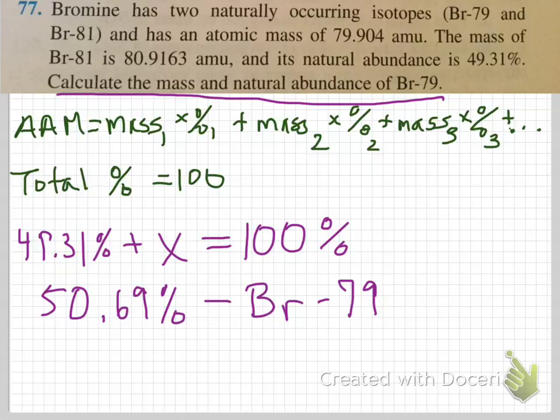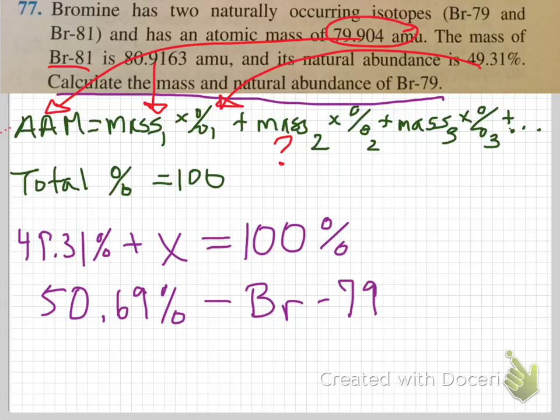So now we're going to plug our values into our average atomic mass equation. Our average atomic mass was given, and the mass of our first isotope, let's call that bromine 81, is given, and its percent abundance was also given. The mass of our second isotope, bromine 79, that's our question mark. So that's going to be our x, and its percentage we just solved for. And we don't have a third or fourth or fifth isotope. We only have two.